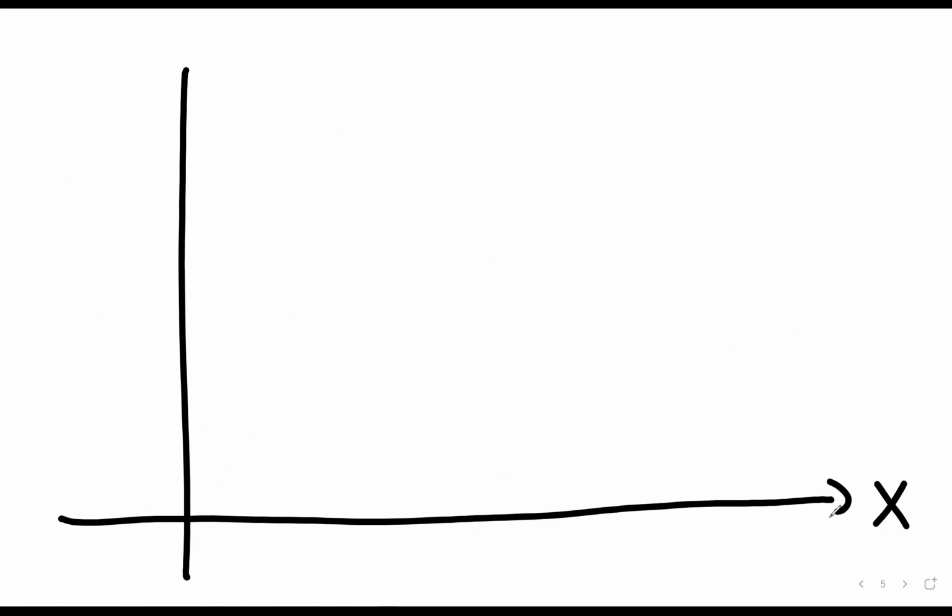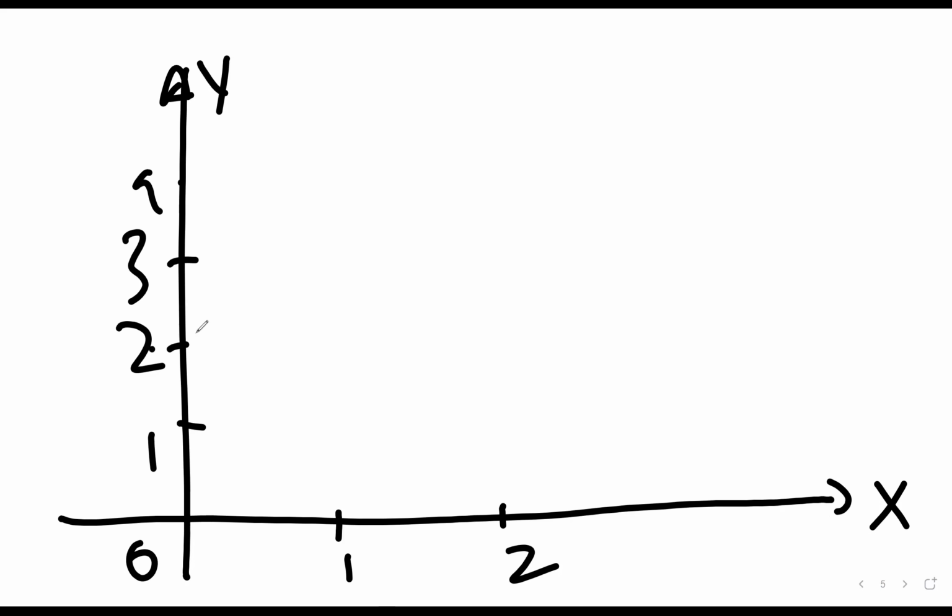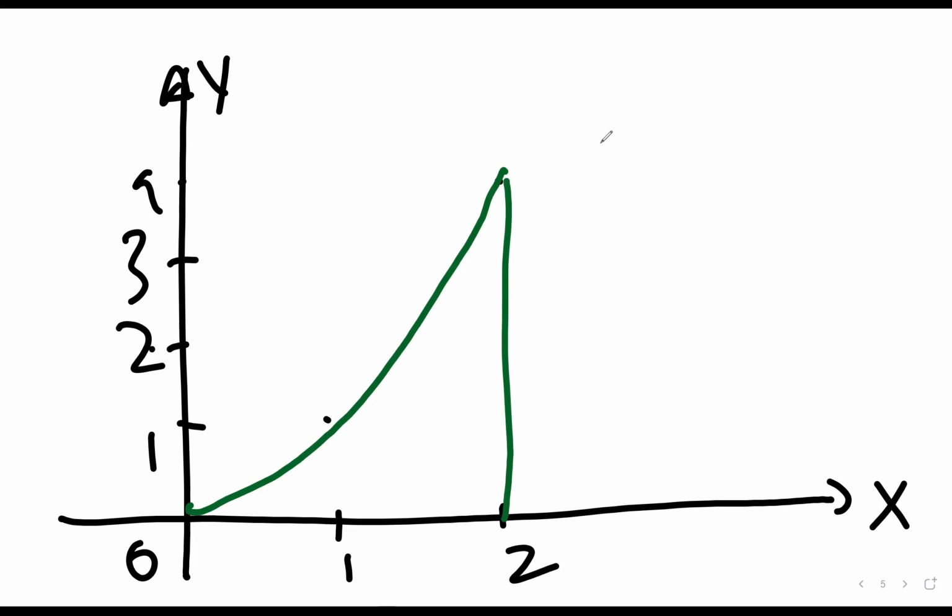We consider the same picture here, but I will rescale this a little bit so that we have the bigger picture here. Say 1, 2, 4. Okay, so let us consider this.